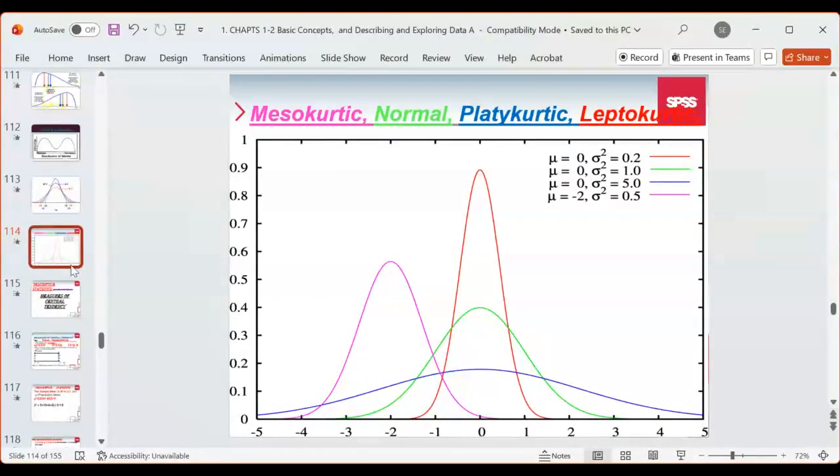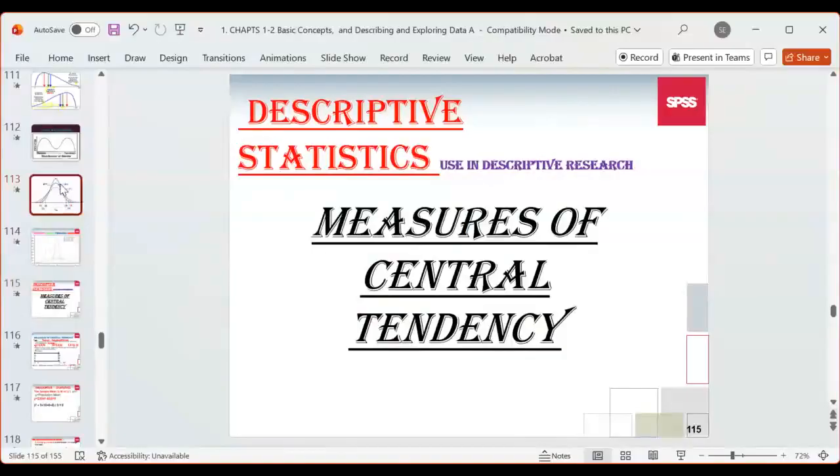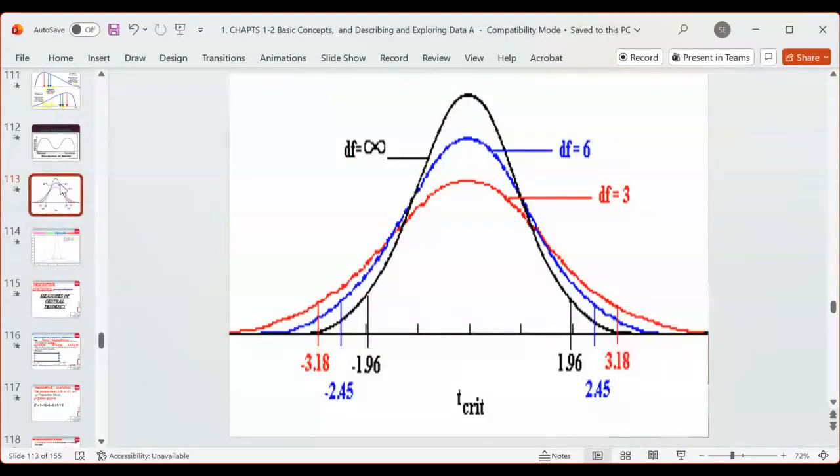And okay, so in the future, next week, we're going to talk about degrees of freedom, or DF. Degrees of freedom is related to sample size. That's something that you need to know for your research. The higher your sample size, the better, because it's more representative of the population.